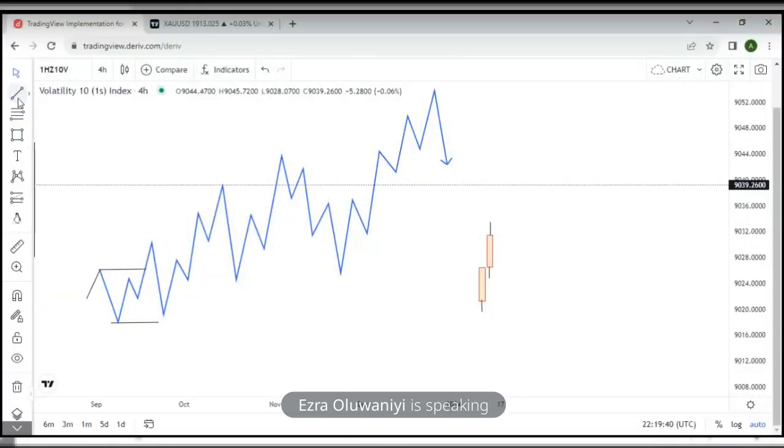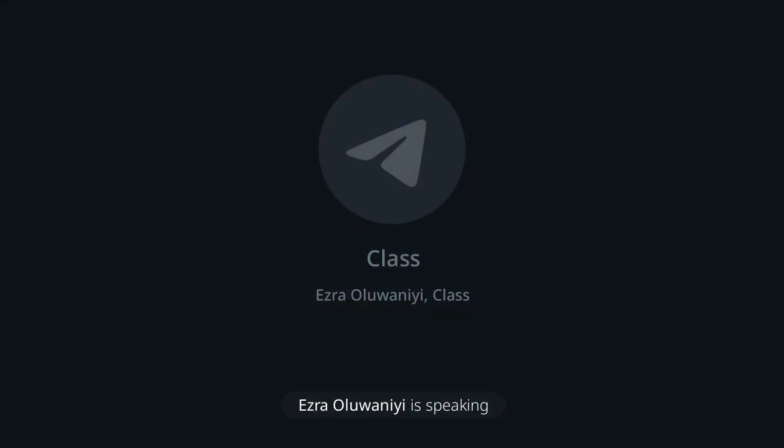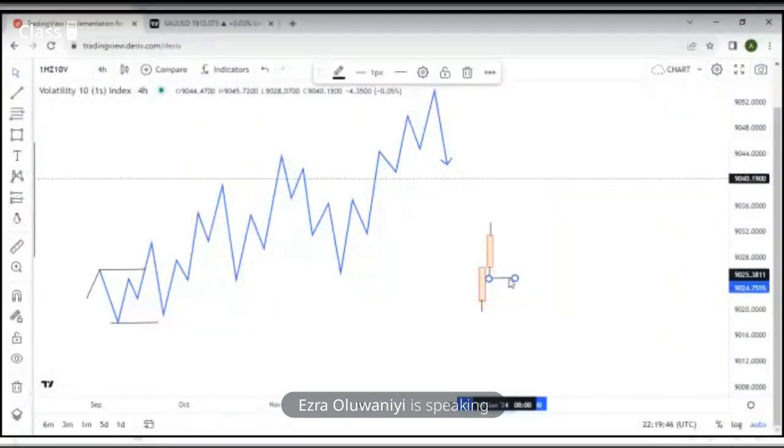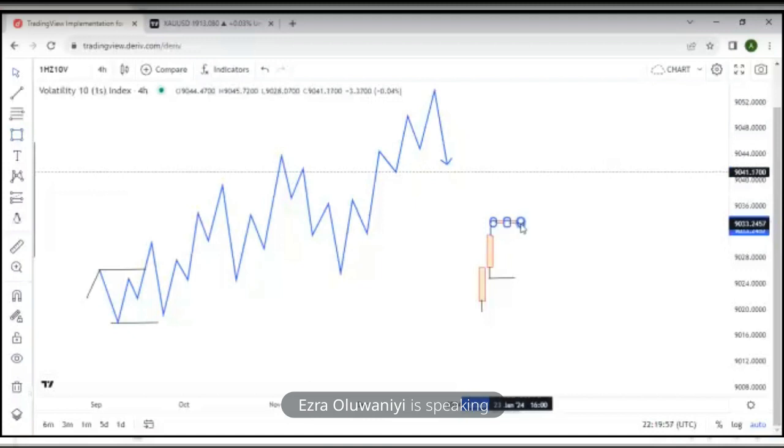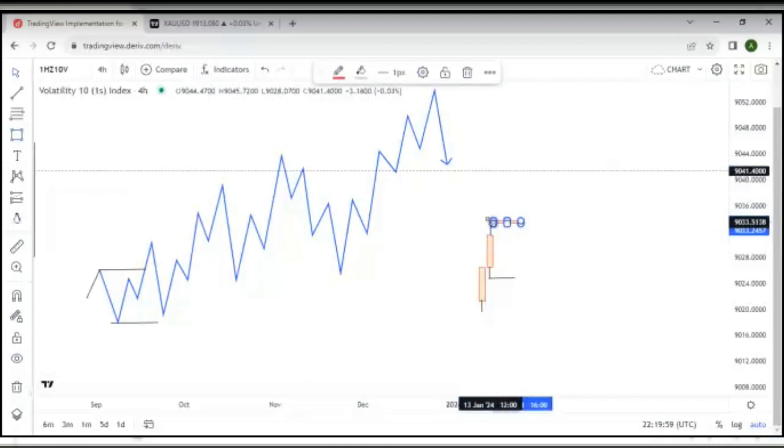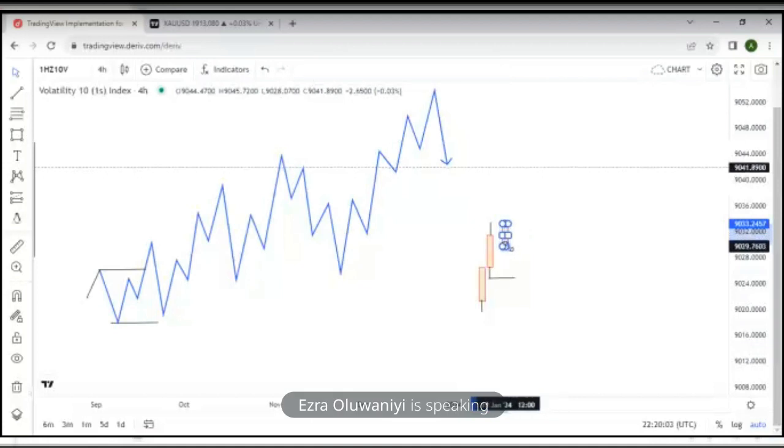So a good pullback is supposed to come and take the low of this candle, because this candle is the highest candle here. A good pullback should come back down and break the low here. It can take multiple candles, but a good pullback should not create a new high.